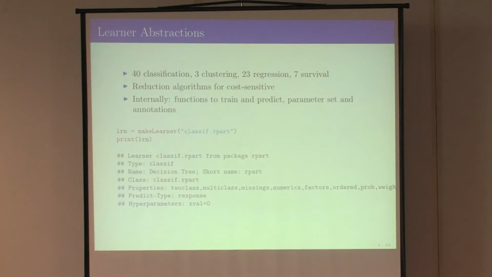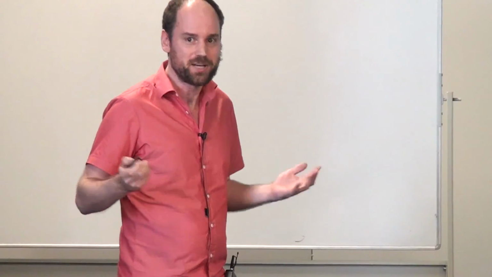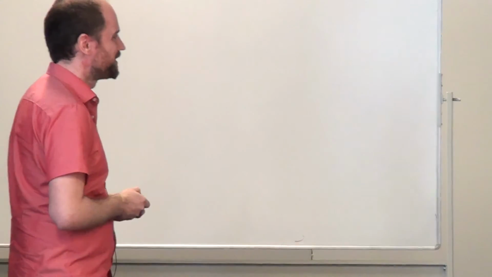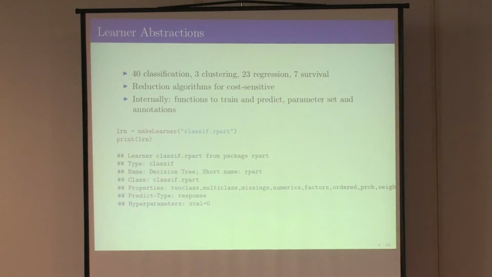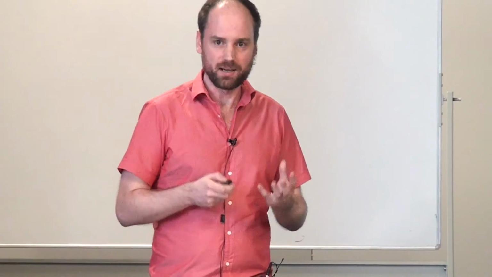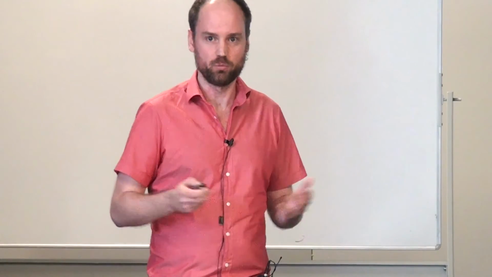It has a class. It has many different properties, so it can handle 2-class classification, multi-class. It can handle missing values, numerics, factors, or I mean, it's a tree, right? It can do basically everything. That's nice about trees. And it has a certain predict type, so it will predict class labels, but you can change that to probabilities.